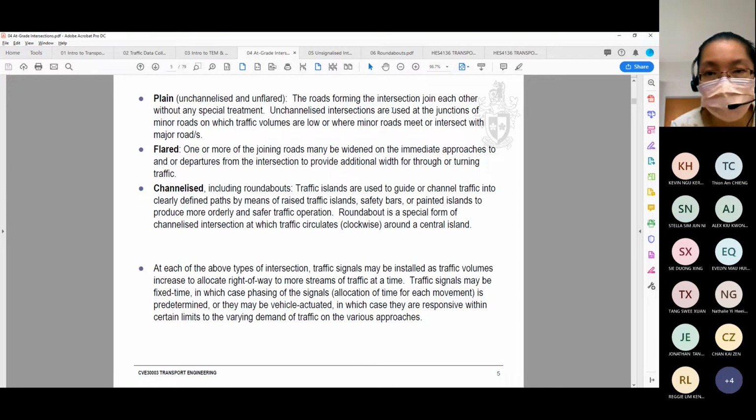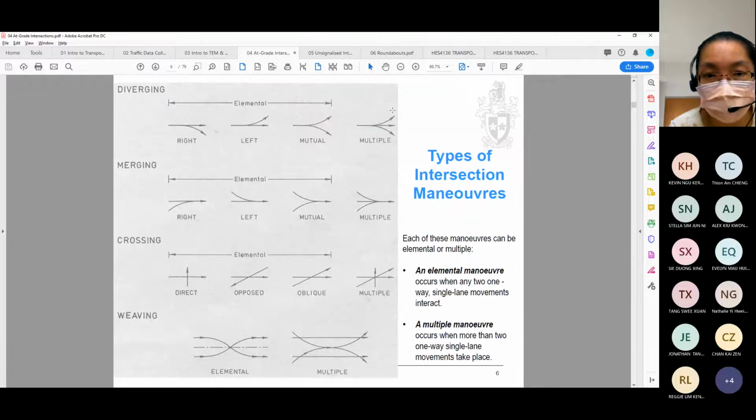So all these, whatever form the treatment takes, the idea of doing treatment to the intersection is so that traffic is smoother and we create fewer conflict points. In terms of safety, it is safer because we minimize the number of conflict points.